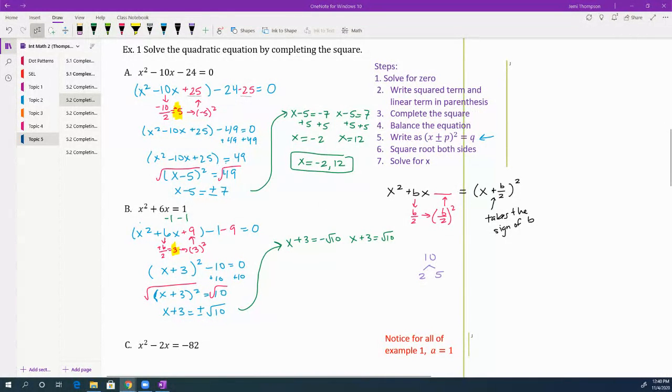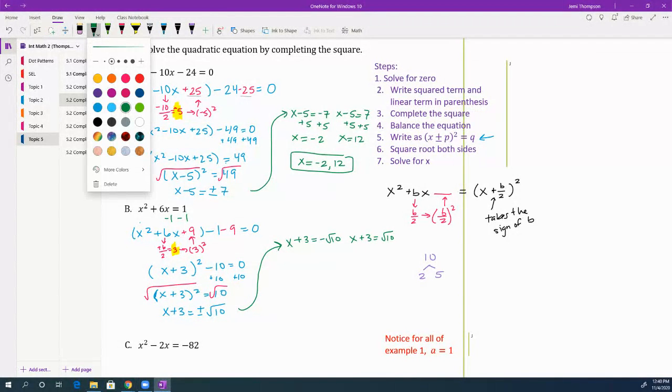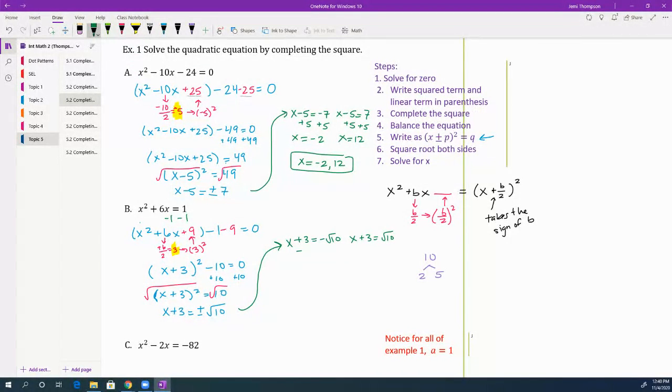All right, so in order to solve for x, I am going to subtract 3 from both sides. Now, we have been working with irrational numbers here, right? And these are not like terms, the negative 3 and the radical 10. So I can't necessarily combine those.